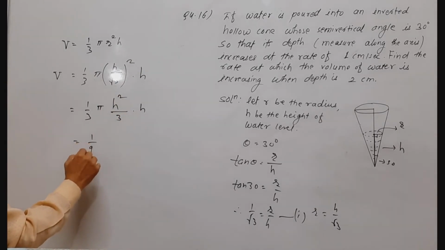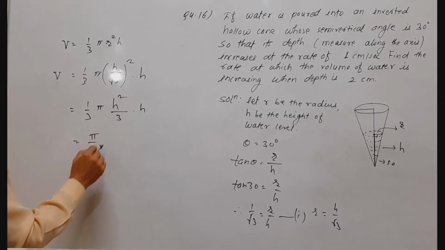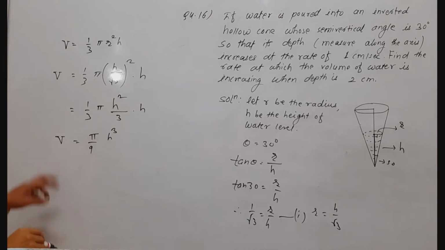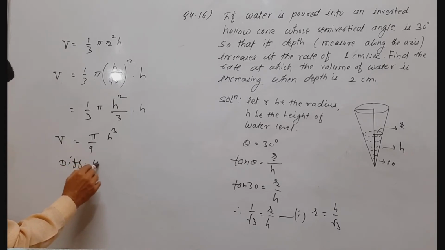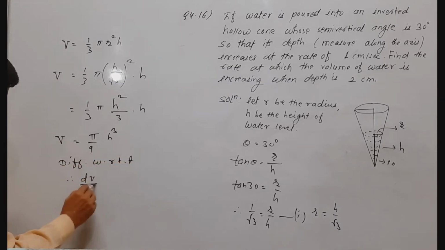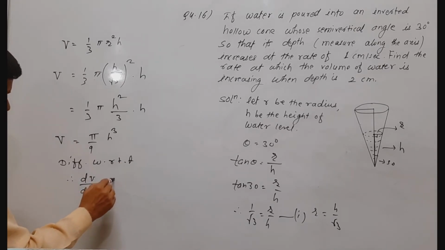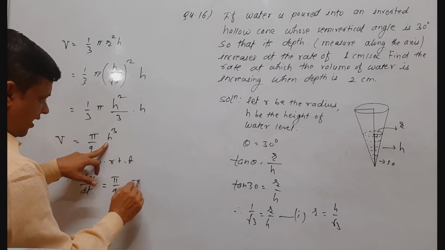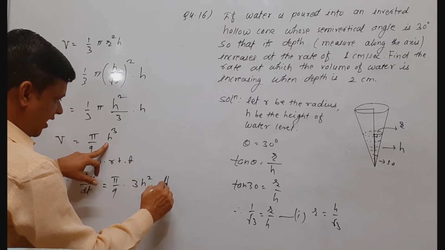So write this as pi by 9 h cube as the value of V. Now we differentiate this V with respect to t. Therefore dV by dt is equal to pi by 9, which is constant, times the derivative of h cube, which is 3h square into dh by dt.